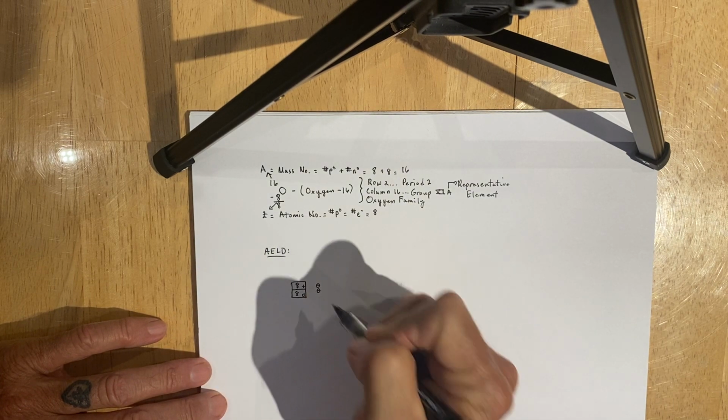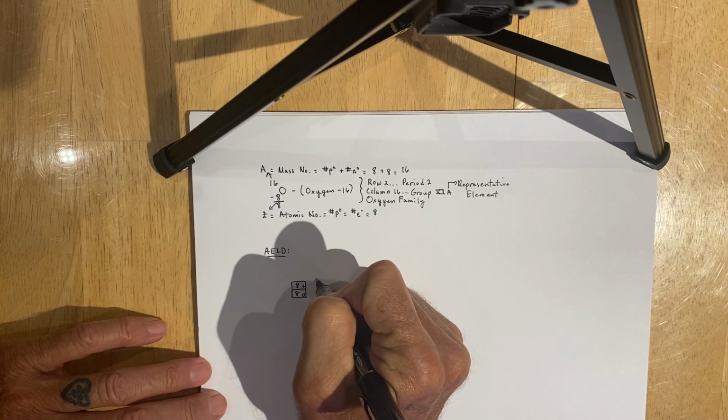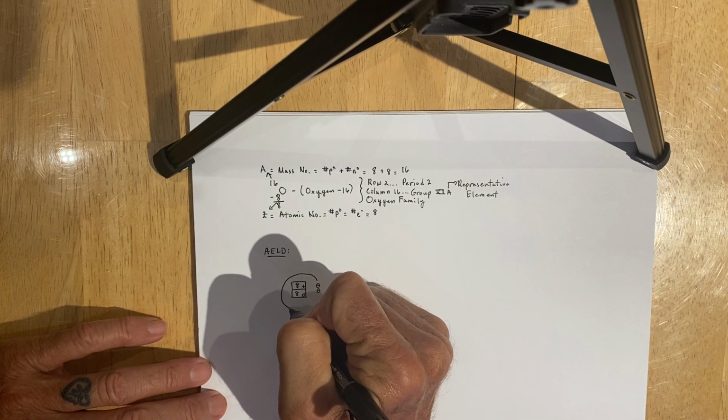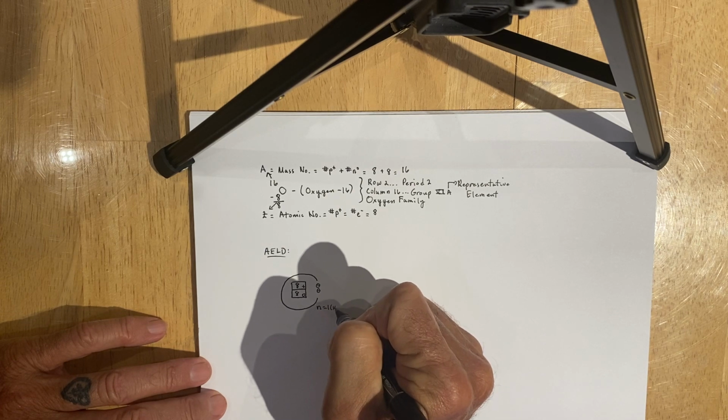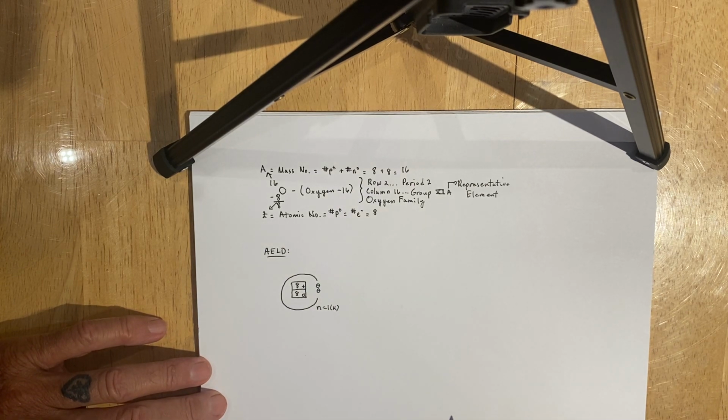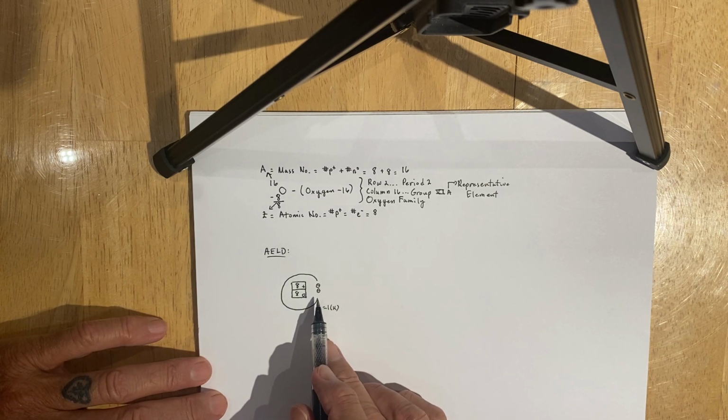The first 2 electrons go on the first energy level, which is the n equals 1 energy level, also known historically as the K shell. Keep in mind those first 2 electrons are s electrons on the first energy level, just like hydrogen and helium.